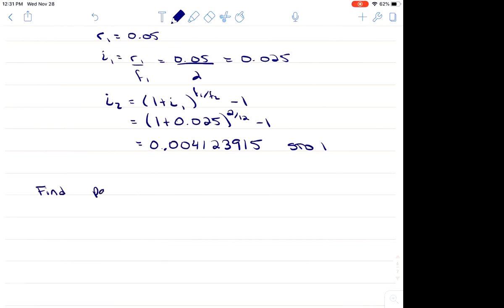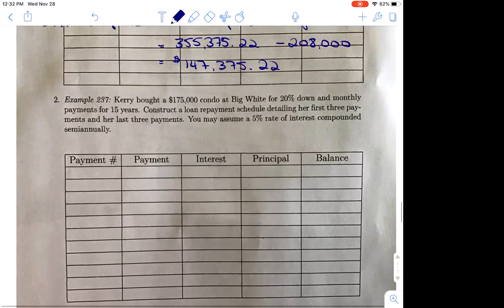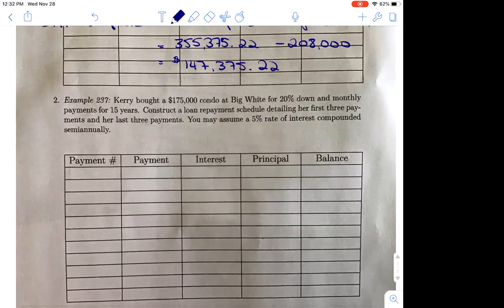So find payment amounts. She buys a condo for $175,000 and puts 20% down.